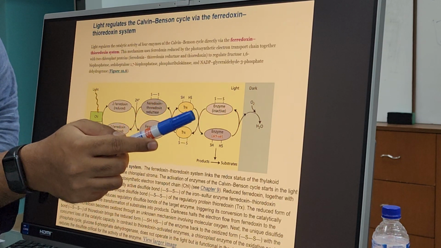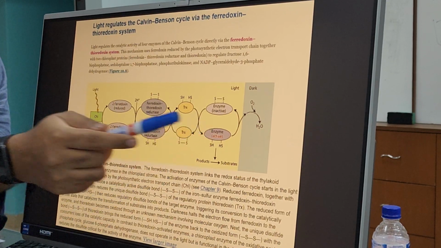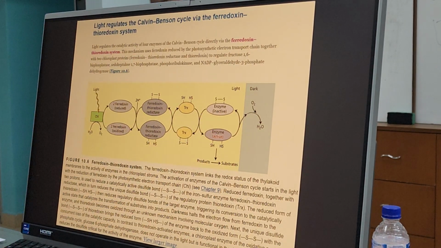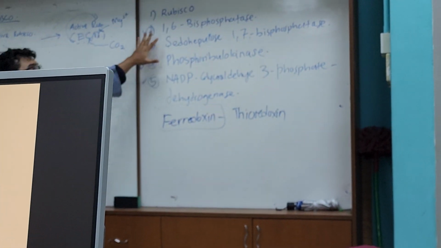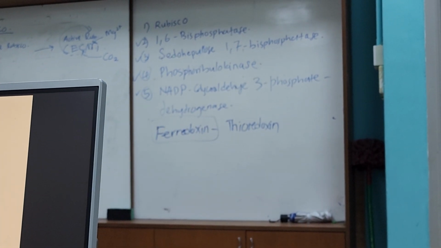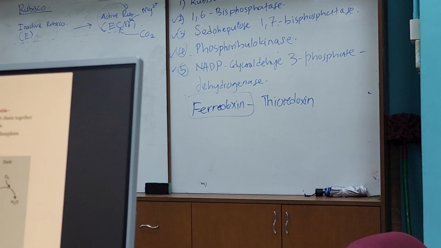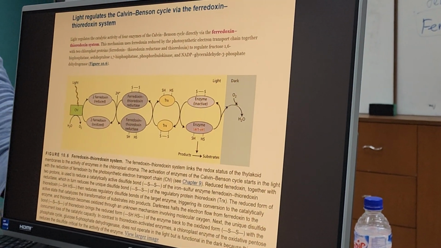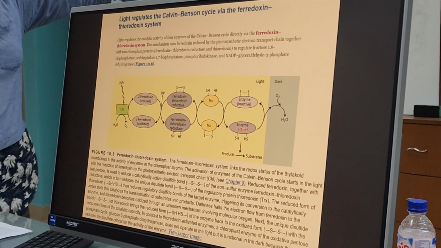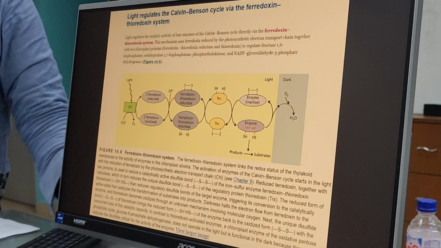It can eventually dump all this hydrogen electron to one of these enzymes. Remember, all of these enzymes are in the stroma. So the point of having thioredoxin is to donate electrons to these enzymes so that they can be activated.